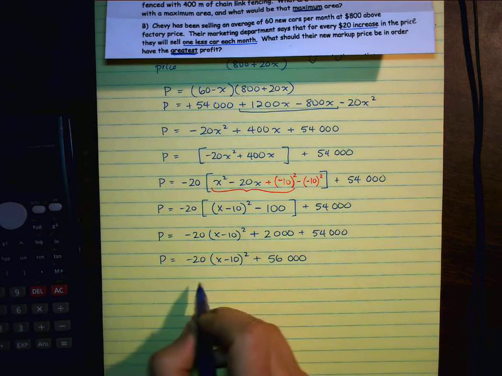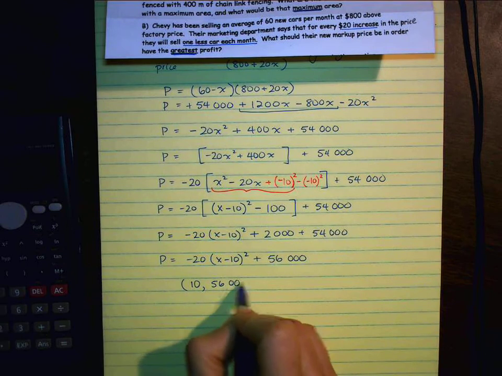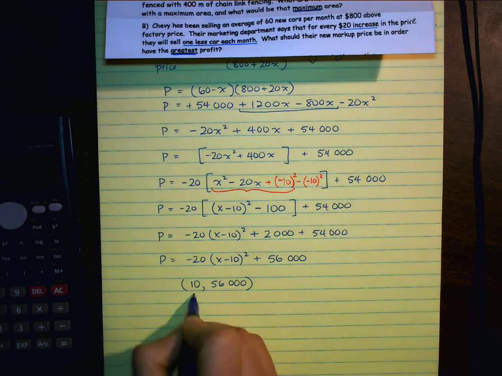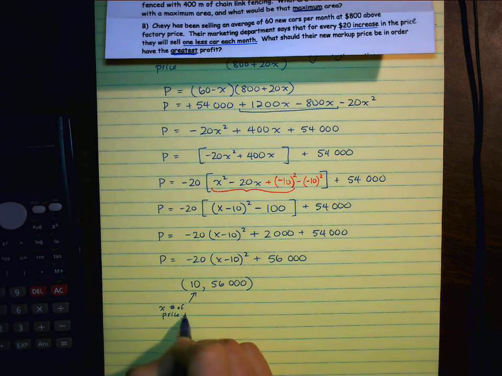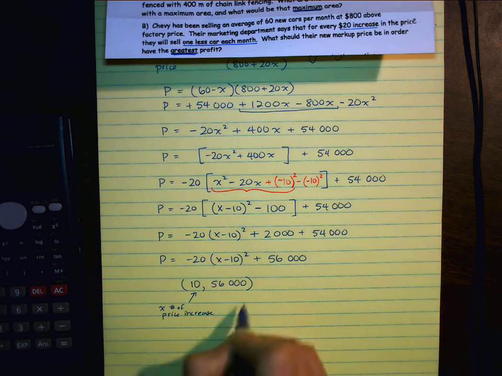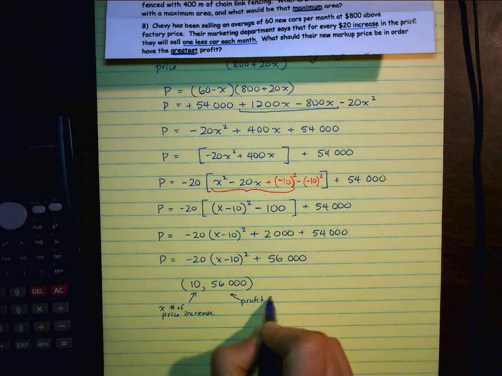So our vertex looks like this: 10 with 56,000. This here is our X. It's our number of price increases, and this is our profit, and that's going to be in dollars.